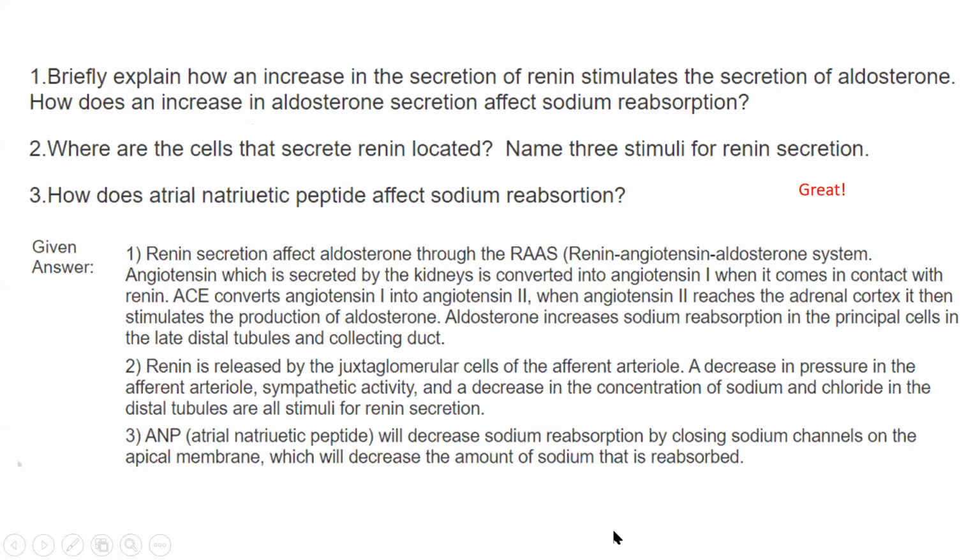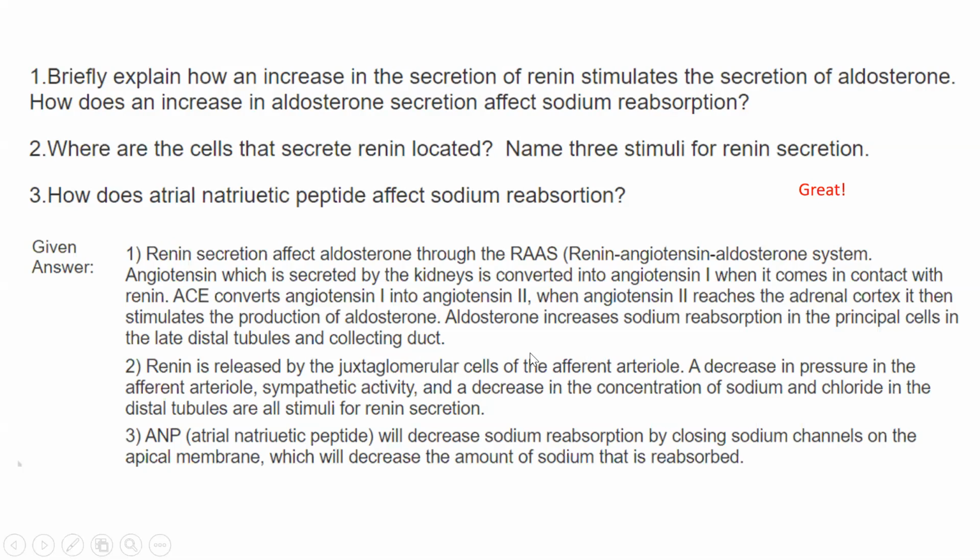Let's look at some other responses here. This was another great response, pretty succinct. Again, this first part is just talking about that RAS system, what converts what into what; be able to explain that. The second part here talks about the juxtaglomerular cells, right? We want to point out that these were the granular cells of the juxtaglomerular apparatus. It's a part of the juxtaglomerular cells, which is located at the afferent arteriole, right?